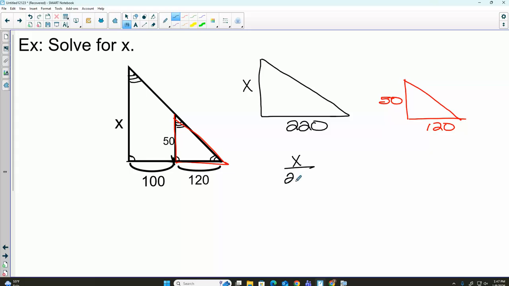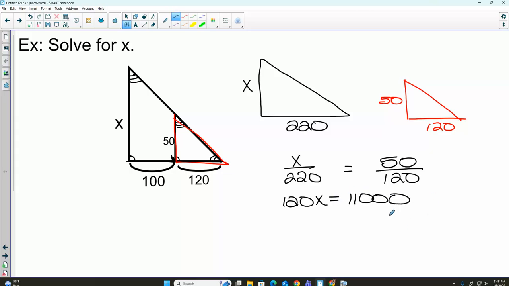You could say x over 220 equals 50 over 120. Cross multiply. Divide.